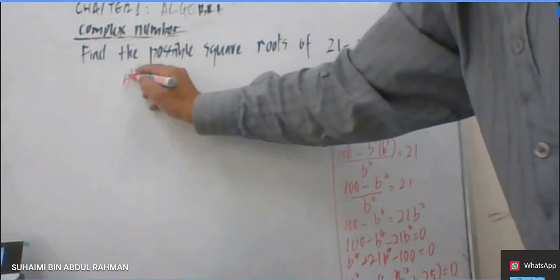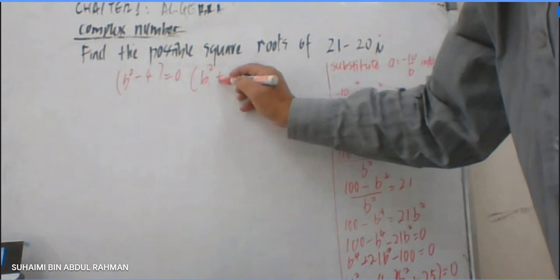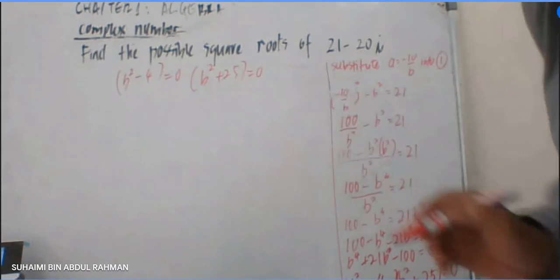So either b square minus 4 equals 0 or b square plus 25 equals 0.